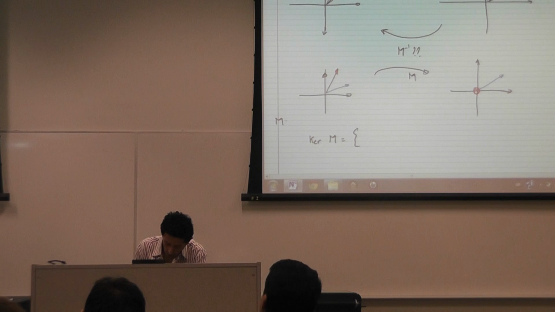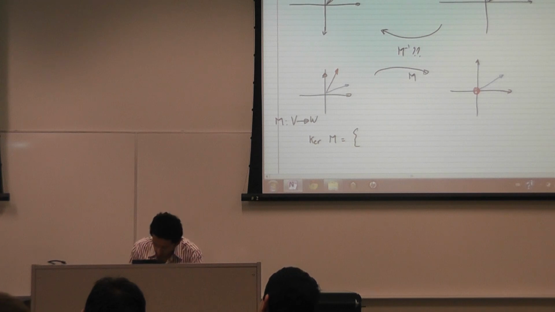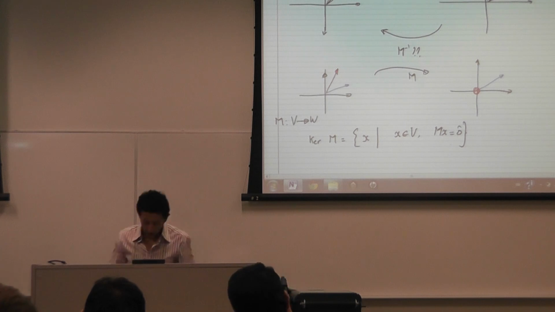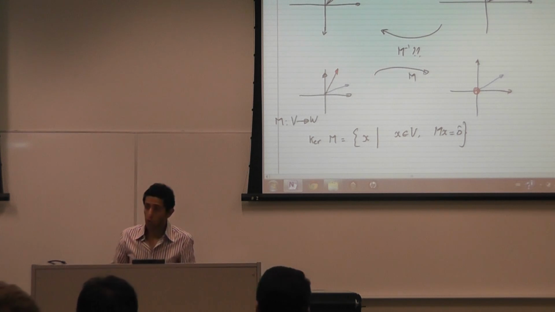Where M takes from, let's say, V to W, the kernel of M is the set of X, where X is in V, and Mx is equal to the zero vector. It's all the vectors in the space here that go to zero.